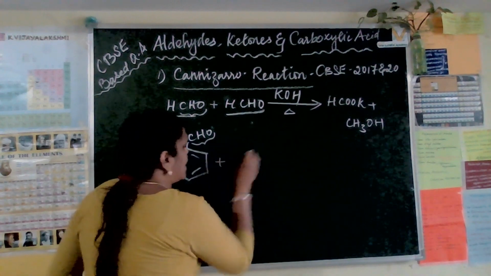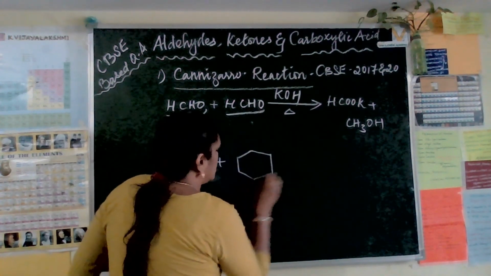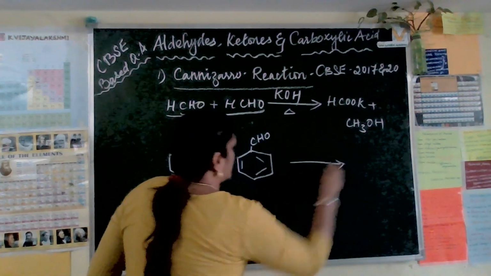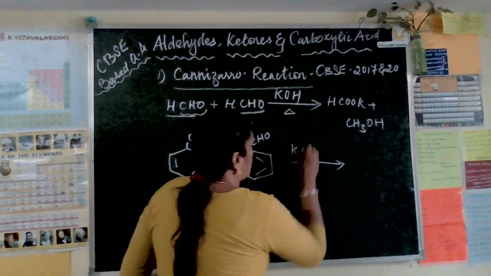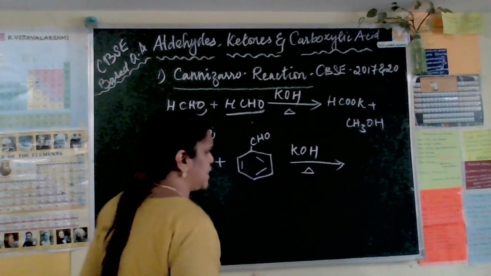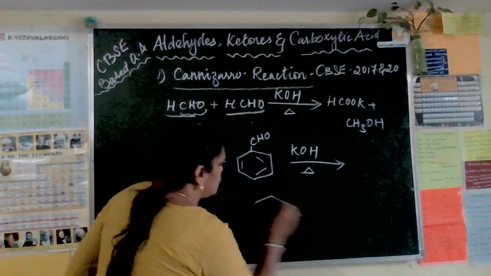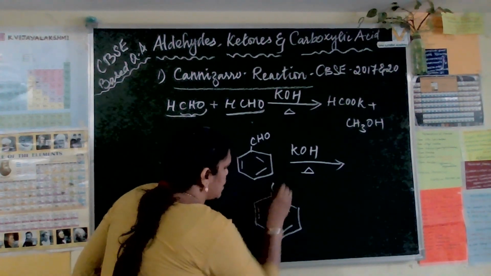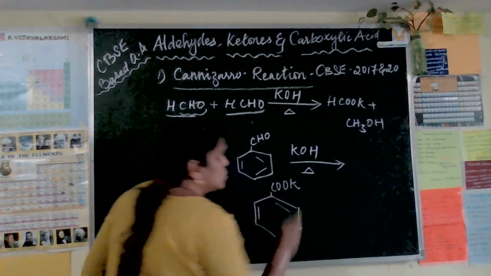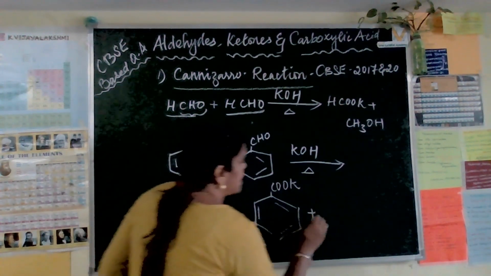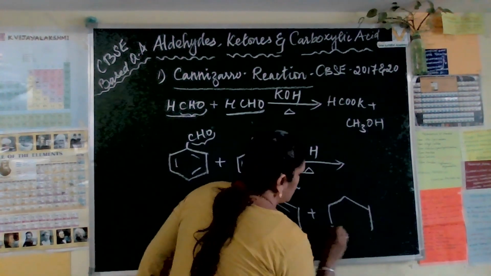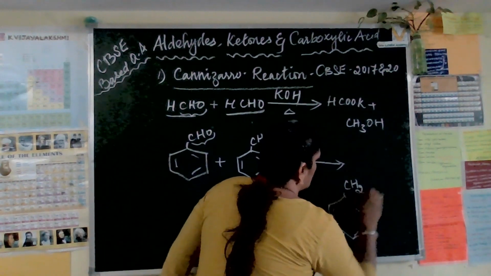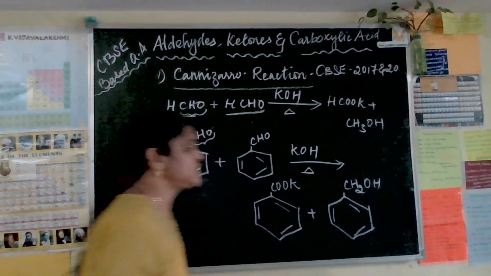So the same way, another molecule of benzaldehyde, in the presence of strong KOH while heating, you will get the same related salt. You will get COOK, sodium benzoate, plus benzyl alcohol. What is benzyl alcohol? CH2OH. Yes, you got it.